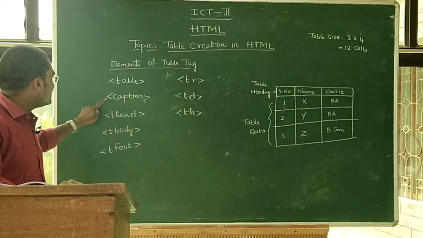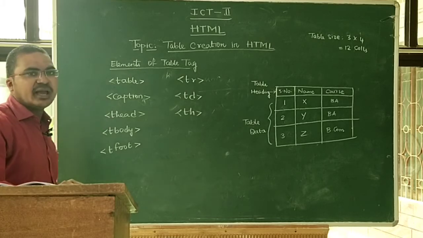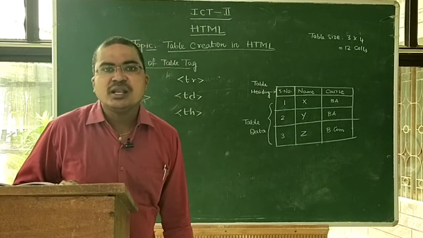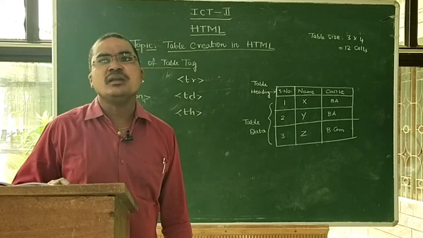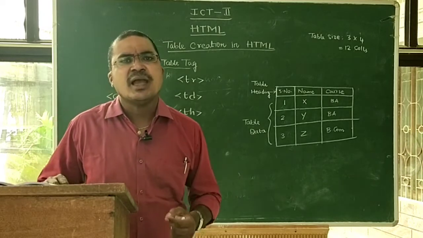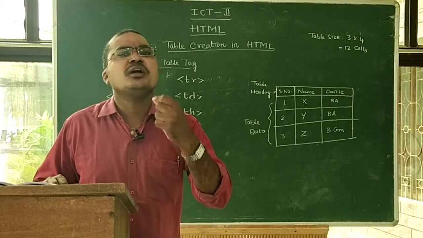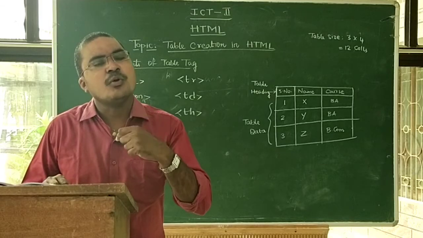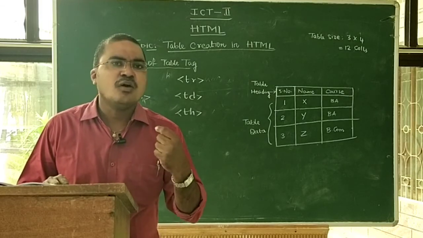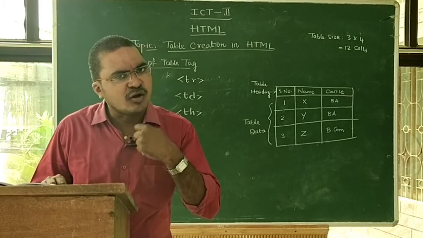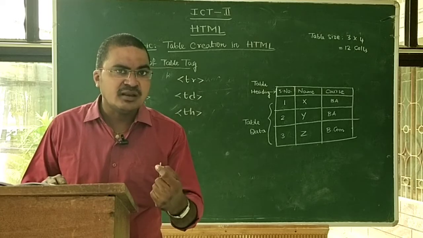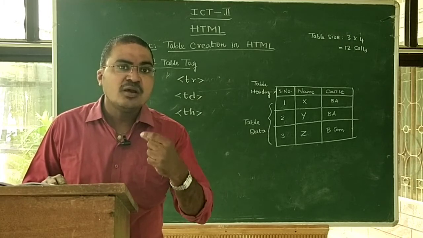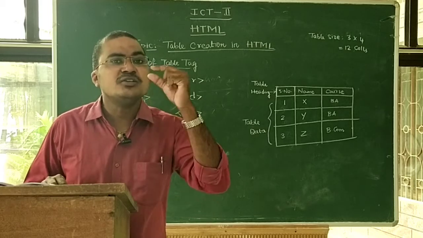The second one is called the caption tag. Caption means it is a visual effect. Visual effect means if you want to arrange any image about the table. For example, if you want to create a table about our college student information, then the table does not only contain data, we also have to arrange our college logo.